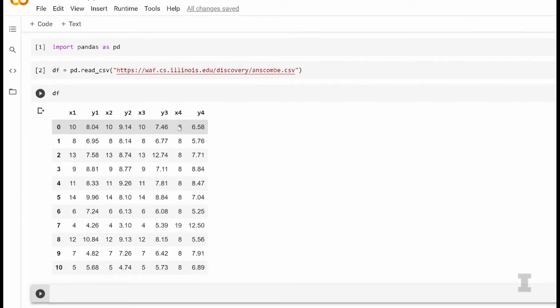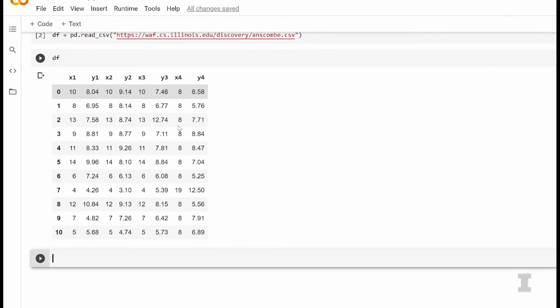So Wade, are there any column names that are confusing or missing values or anything like that that you see right away? There are no missing values, and it seems that the columns are paired. X1 and Y1 both have the same suffix, so I'm guessing they're related, but otherwise it's looking like four simultaneous data sets. Perfect. That's exactly what we want.